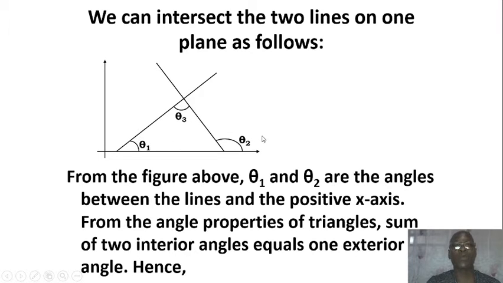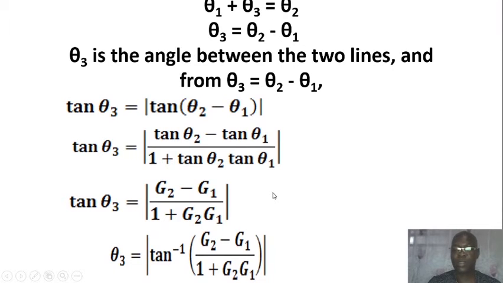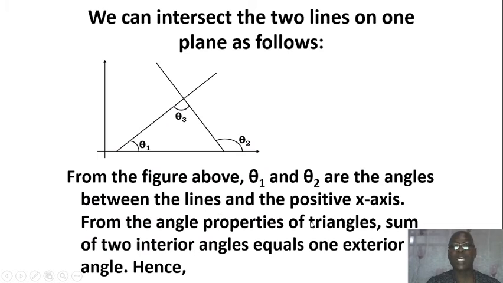So we can intersect the two lines on the same plane to get this result. Theta 1 and theta 2 are the angles which the lines make with the positive x-axis, while theta 3 is the angle between the two intersecting lines. From the property of triangles, we already know that the sum of two interior angles is equal to one exterior angle, which means that the sum of theta 1 and theta 3 will give you theta 2.